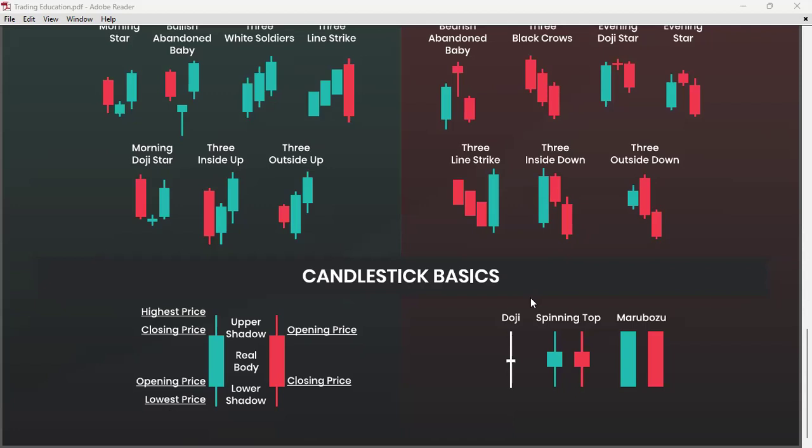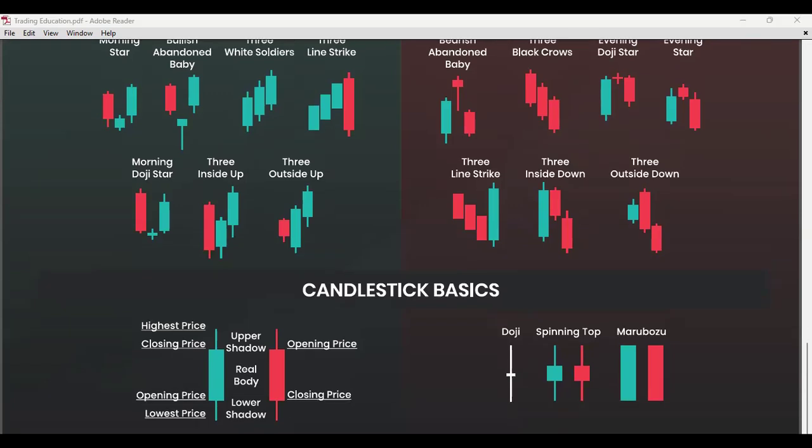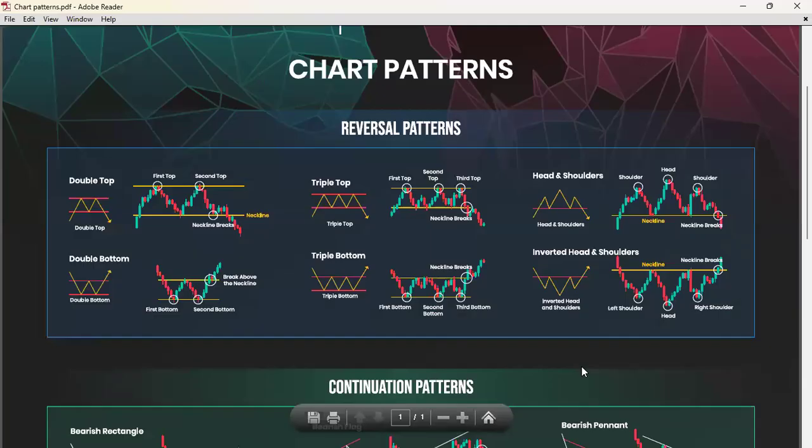So with that being said, let's move to the very important aspect of this video, which is the chart patterns. For disclaimer, I have to give a shout out to the FTMO prop firm platform.